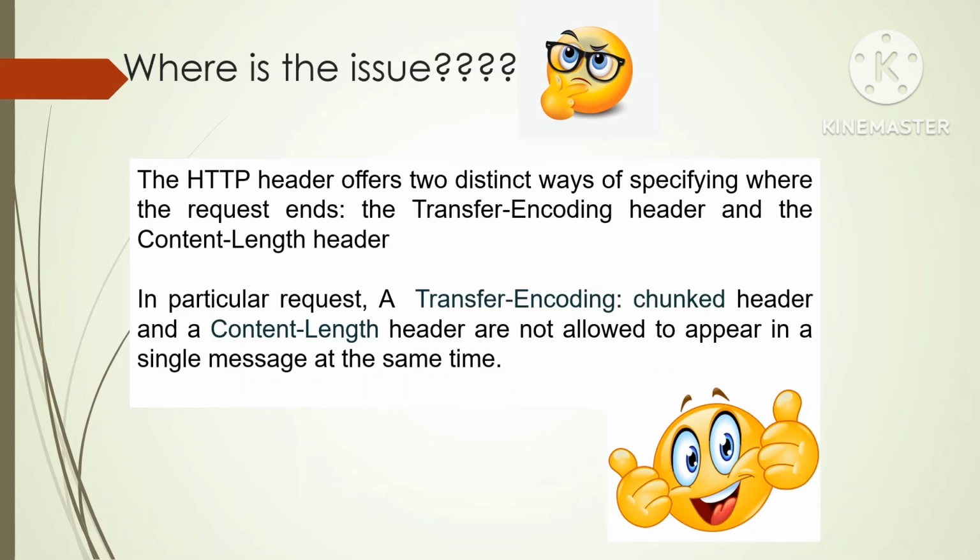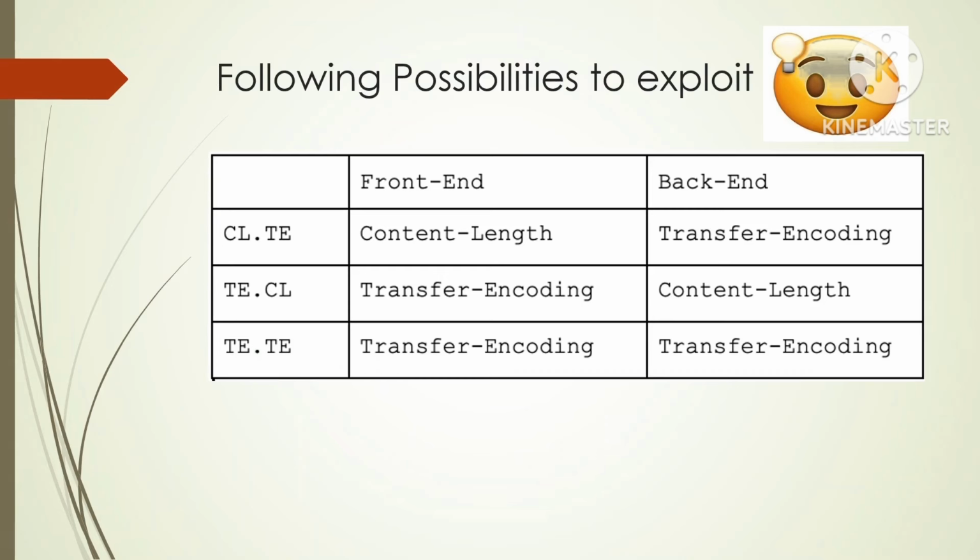Now suppose the front-end server, there could be the following possibilities to exploit. First, the front-end server may be focusing on the Content-Length, trying to reach the Content-Length as the mark of termination of the data sent by the application, while the backend server relies on the Transfer-Encoding. In that case, the attacker may try to exploit the possibility of CL.TE, that is Content-Length and Transfer-Encoding.